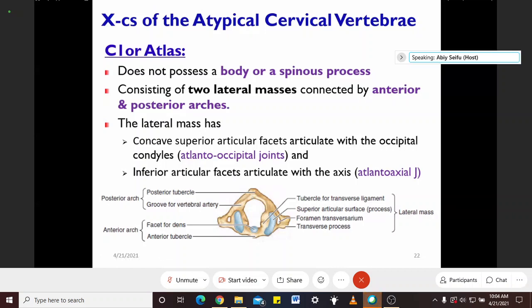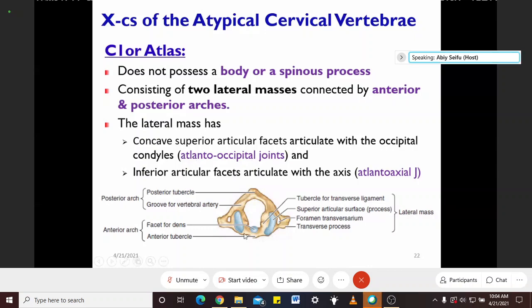Rather, it is a ring-like circular bone. There is a posterior and anterior arch. Rather than a body, there is a ring-like structure, and on its lateral part there is a lateral mass. This lateral mass also contains an articular facet that articulates with the condyle of the occipital bone and forms the atlanto-occipital joint.